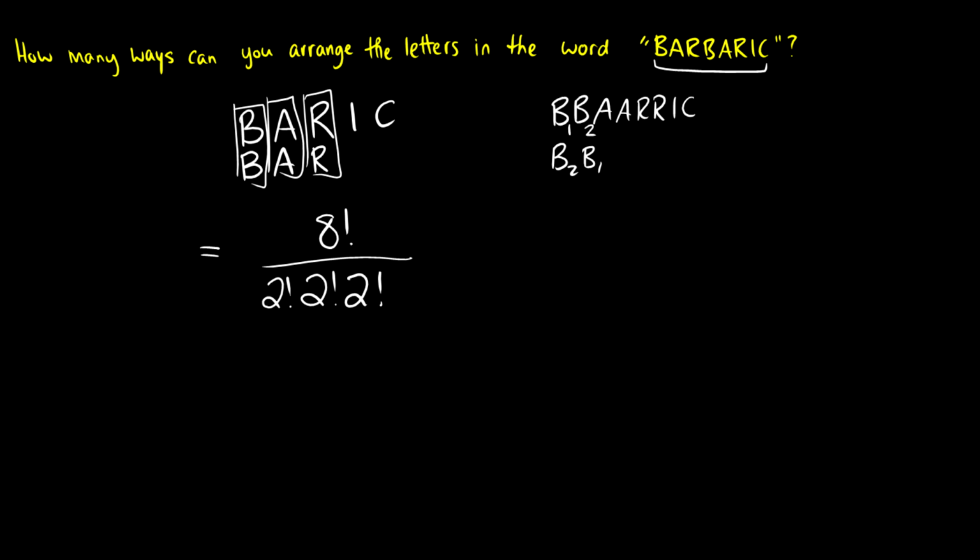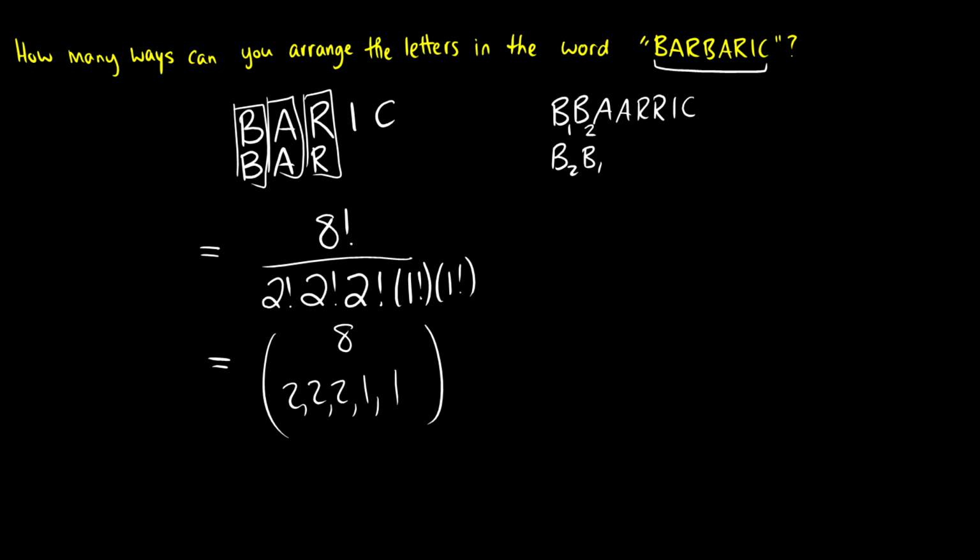Now, we can write this as a multinomial coefficient, so we can write this as 8 with 2, 2, 2, 1, 1, and that can be represented the same way, since we're really also dividing by 1 factorial for the I's and 1 factorial for the C's. Except there's only one of them, and 1 factorial is just 1, so we leave it out of the denominator.